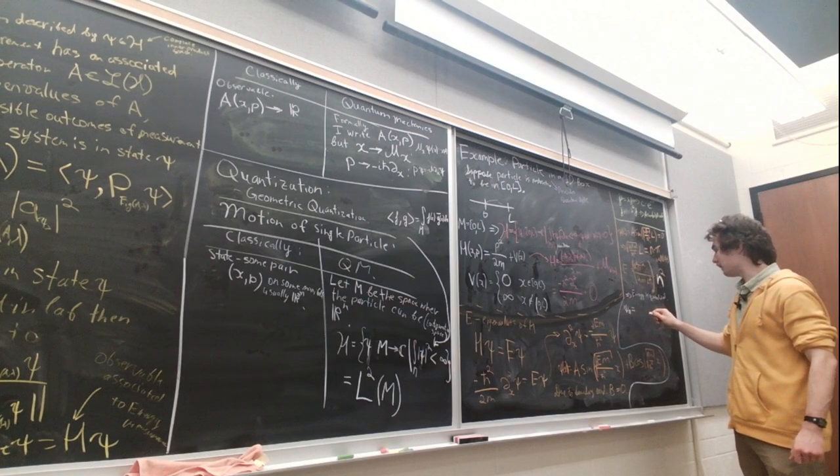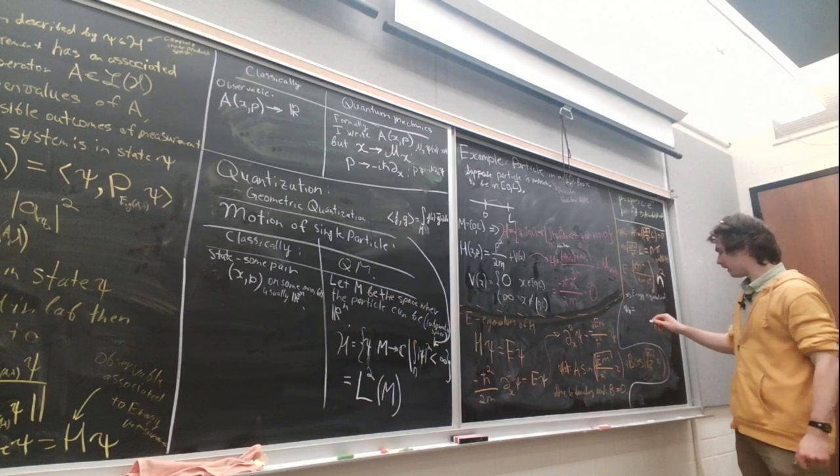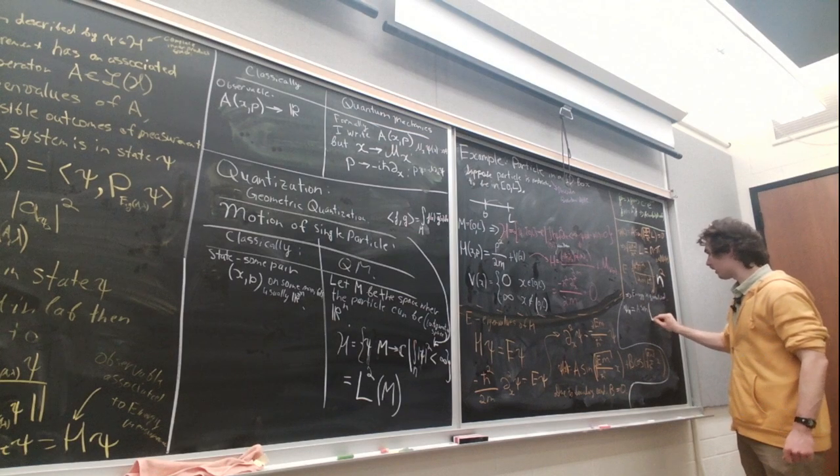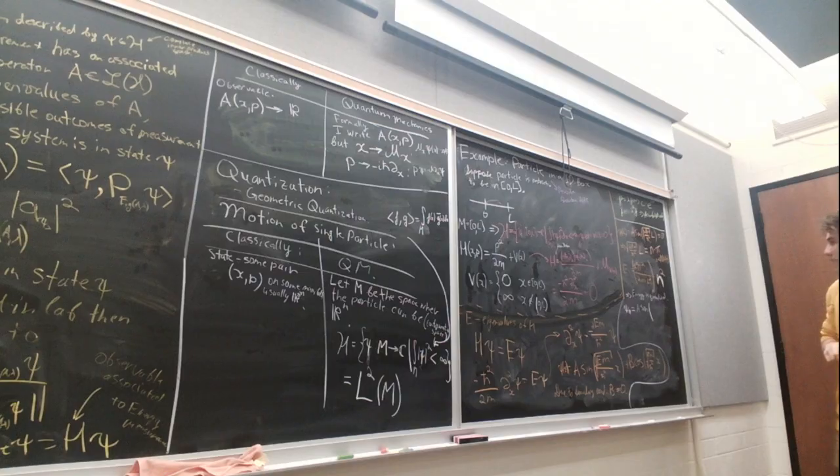The eigenfunction is going to be some constant A, sine of, now I just have to plug this into root 2Em over h bar.